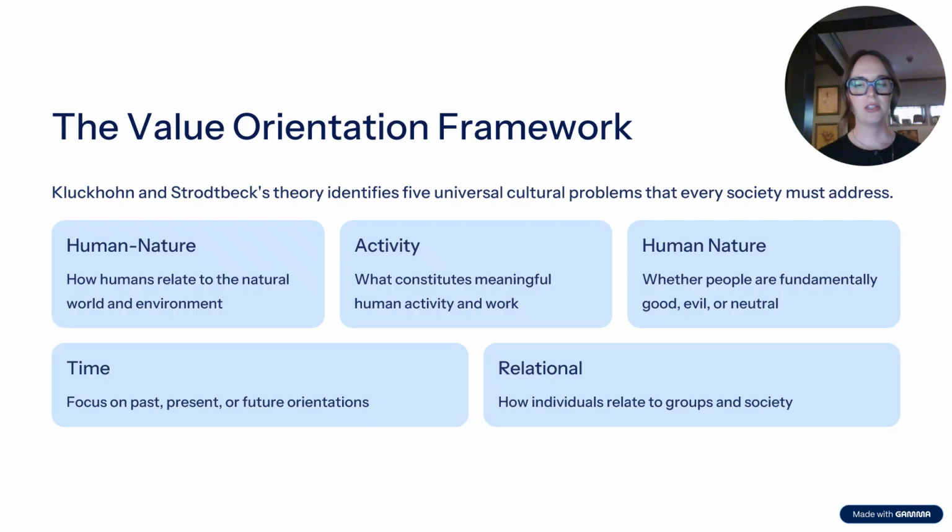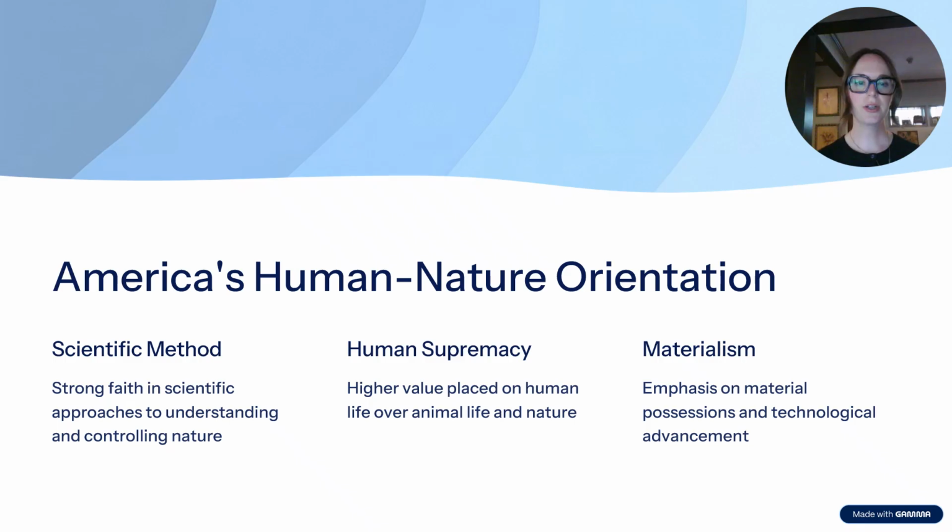Each of these 5 frameworks looks at different problems that we run into, from building a culture to day-to-day life in the culture. Of course, we know in the US there are lots of different subcultures based on region, and each of those can work through this value orientation framework.